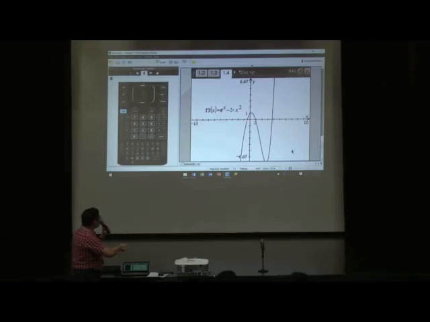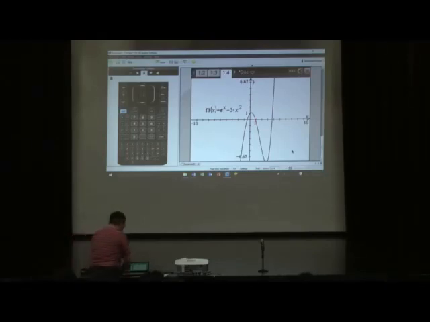Here you have three possible candidates: this point, this point, and this point. But because they ask for relative maximum, f prime must change from positive to negative. So it's only this point over here. You can roughly guess the answer is around 0.9.